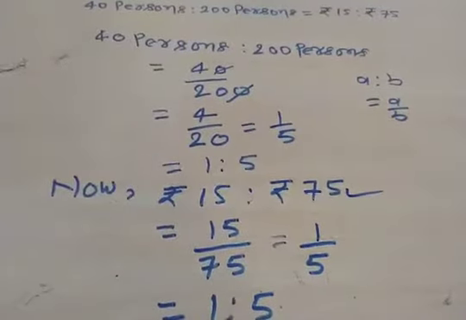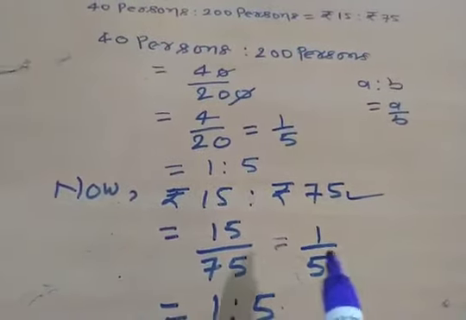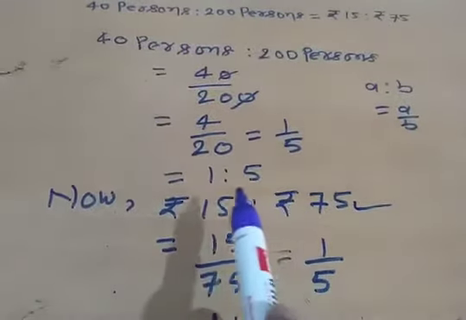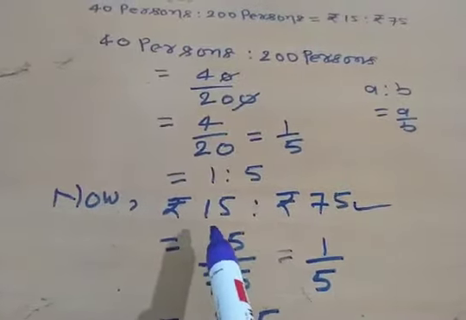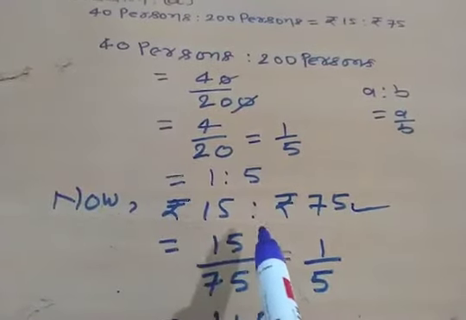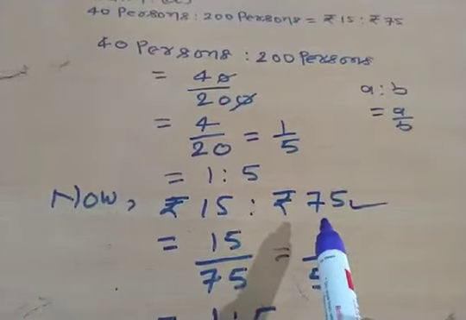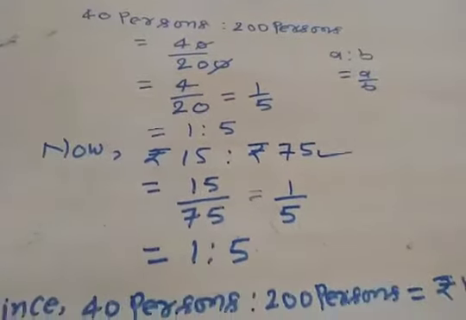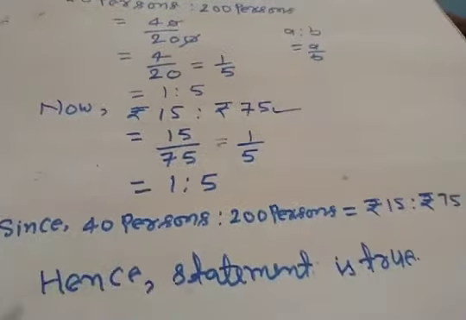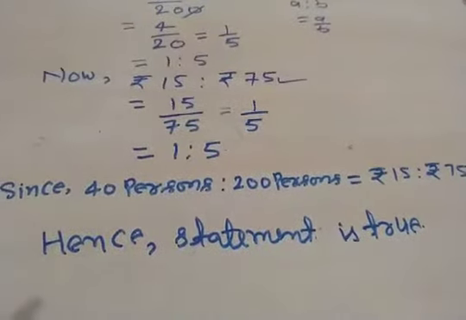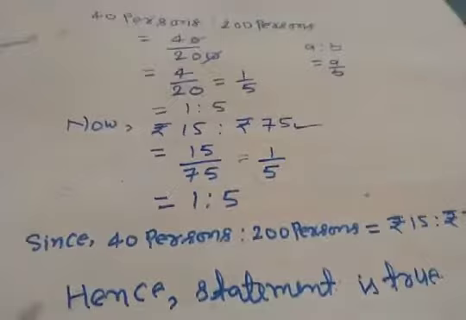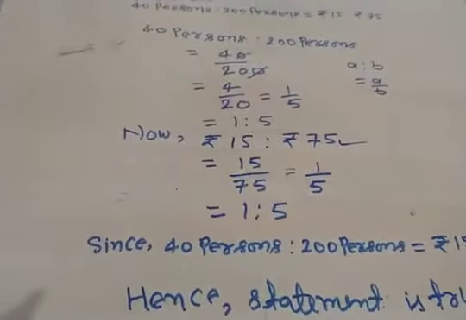So you can see both sides are equal. The ratio of 40% to 100% is 1 ratio 5, and the ratio of rupees 15 to rupees 75 is also 1 ratio 5. So in this way we can see they are equal, and the given statement is true. This is your whole solution.